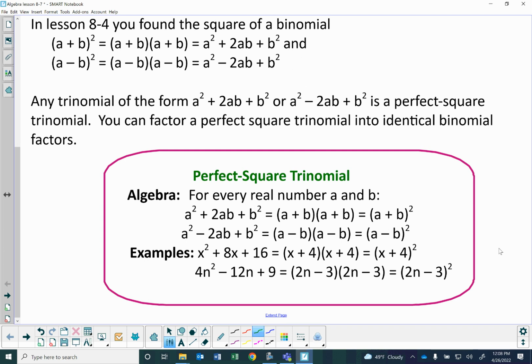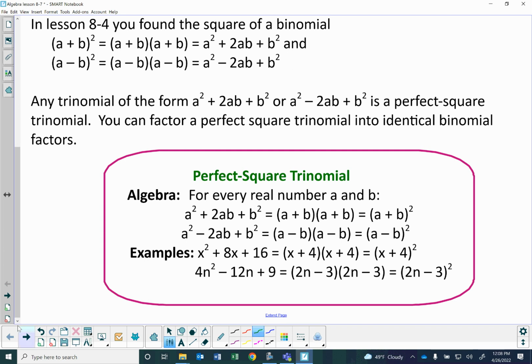A squared minus 2ab plus b squared factors to a minus b times a minus b, or a minus b quantity squared. If you can recognize something is a perfect square trinomial, you can use the special cases and factor it much faster.